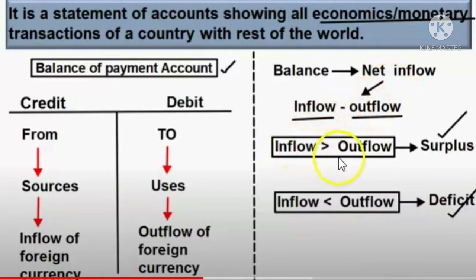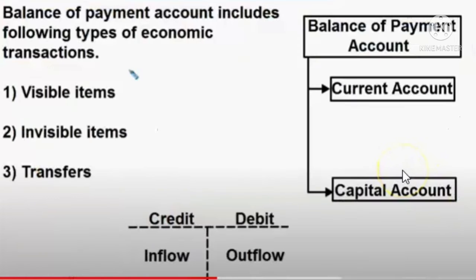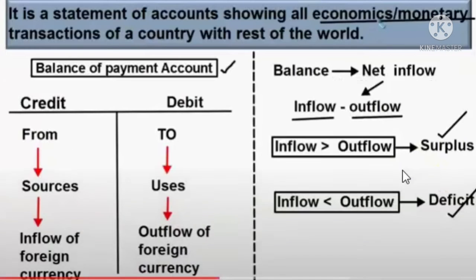If inflow is greater than outflow, it is known as a surplus, and if inflow is less than outflow, it is a deficit. Here inflow is greater, so it is a surplus.